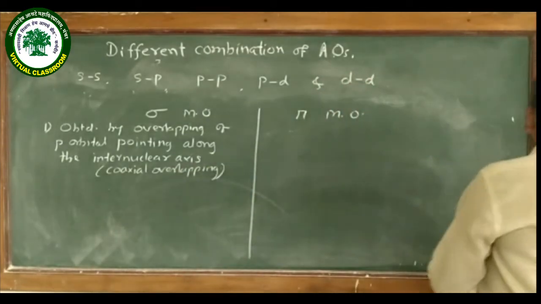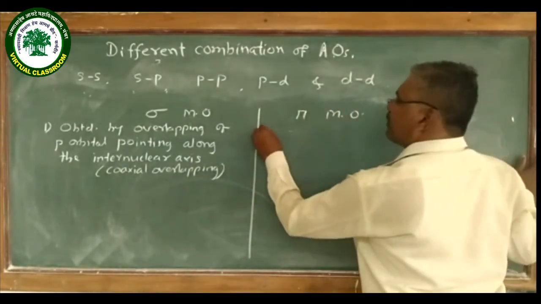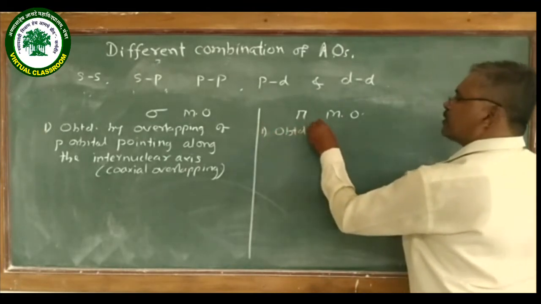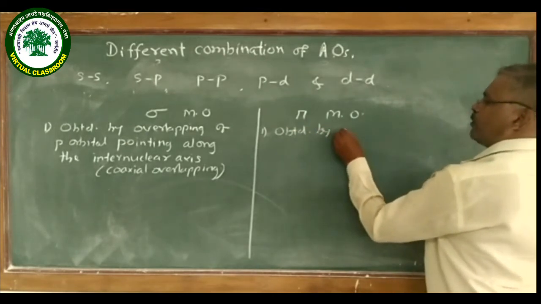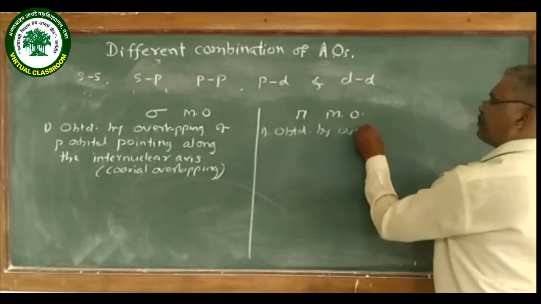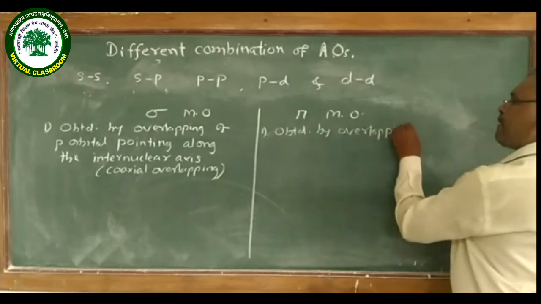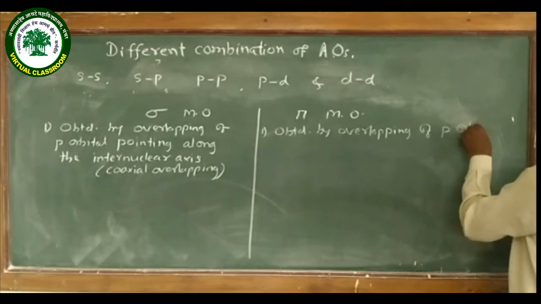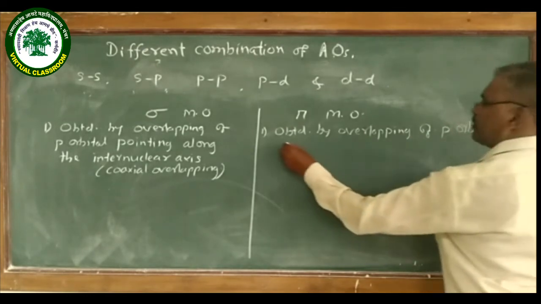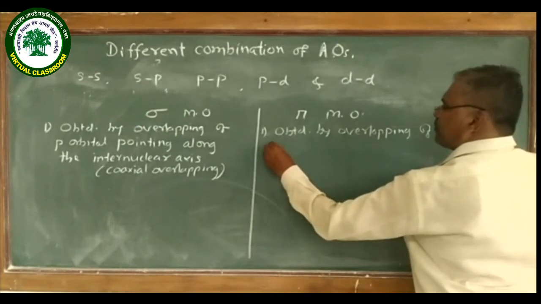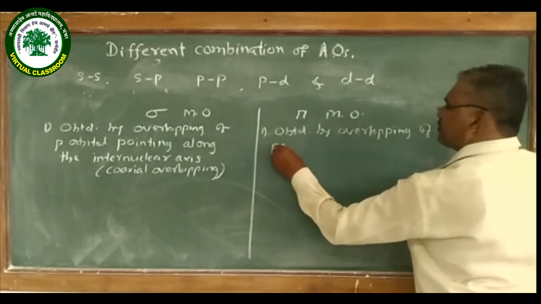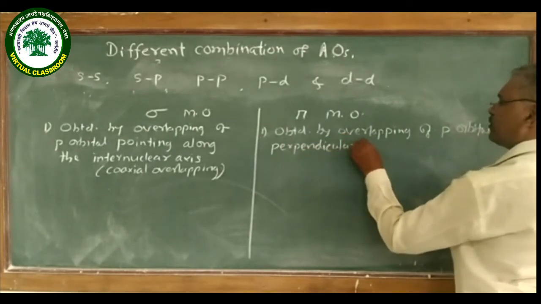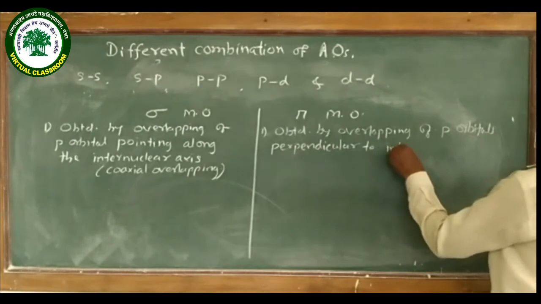While pi molecular orbitals are obtained by overlapping of p orbitals which are perpendicular to the internuclear axis.